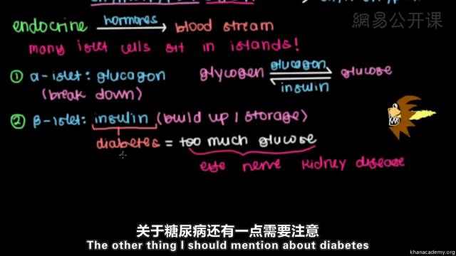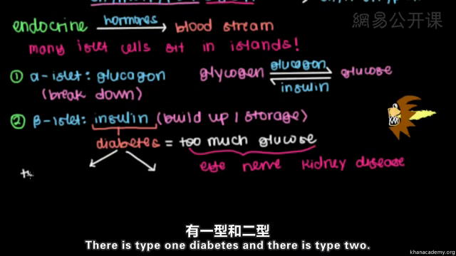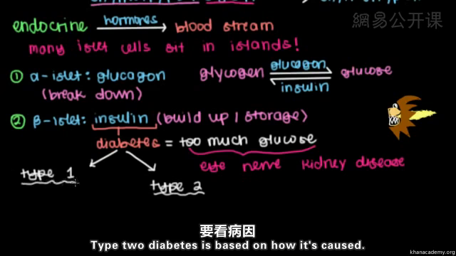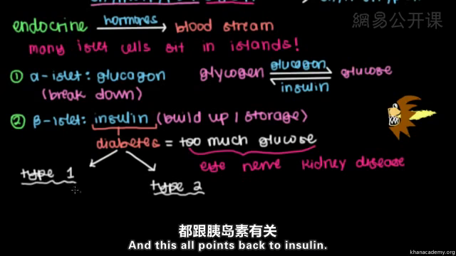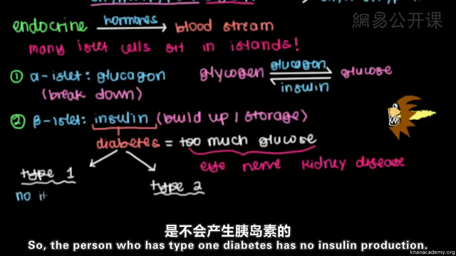The other thing I should mention about diabetes is that there are two types: type 1 diabetes and type 2. And the way you differentiate type 1 versus type 2 diabetes is based on how it's caused. And this all points back to insulin. In type 1 diabetes, we have no insulin. So the person that has type 1 diabetes has no insulin production.